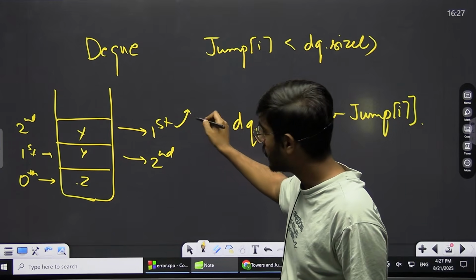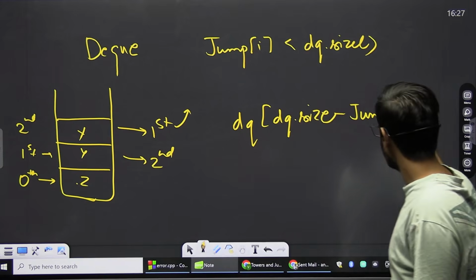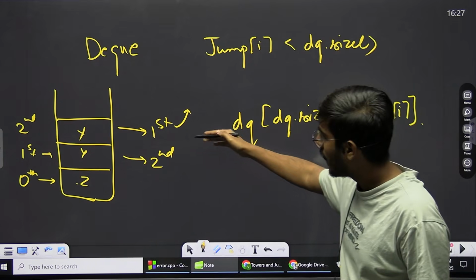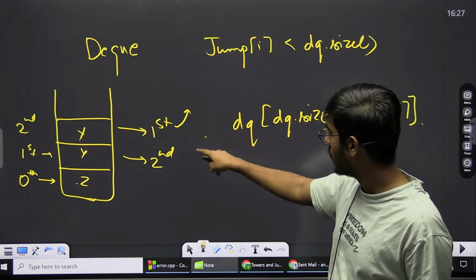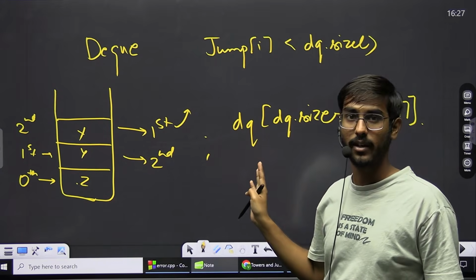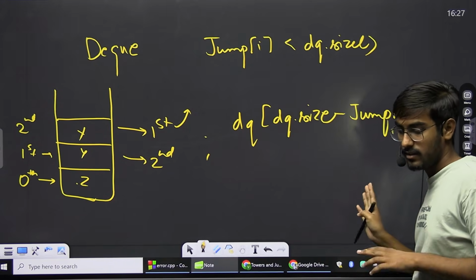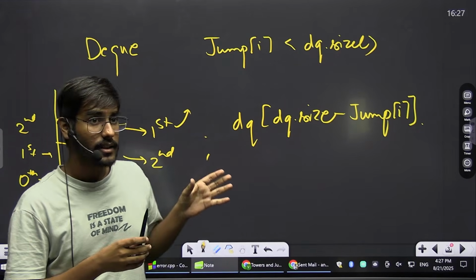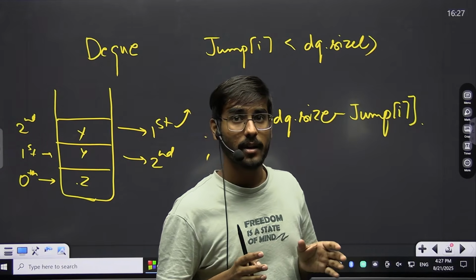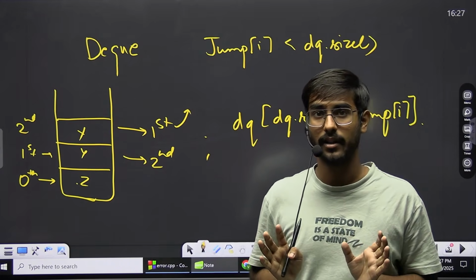This element will be referenced by dq size minus 1. If I keep increasing jump of I, I will have to decrease this number. So for jump of I equal to 2, dq size minus 2 I will have to access. Simple. These 3 conditions you have to do. Now by doing this, for each building you will be able to calculate the maximum height you can reach.